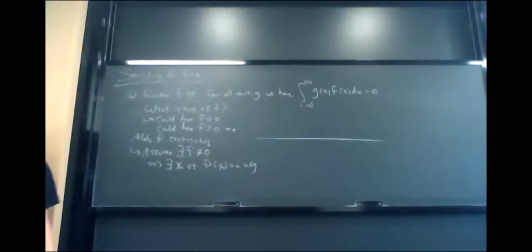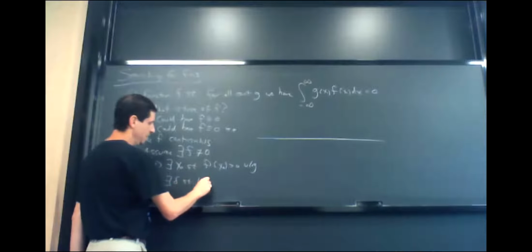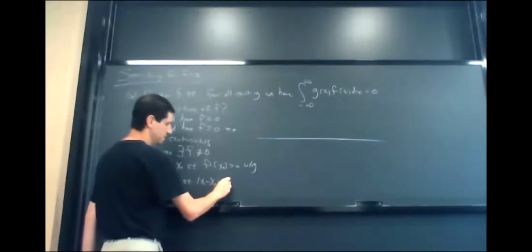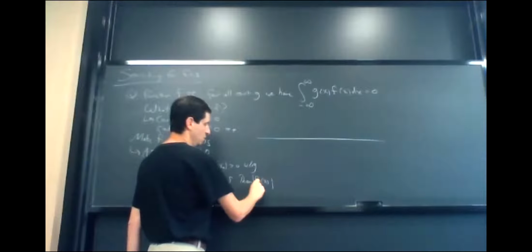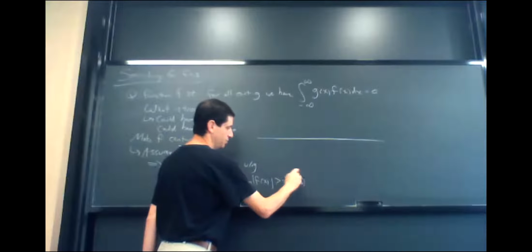Just multiply by -1 if you need to. And so that means there exists a delta such that if the absolute value of x minus x naught is less than delta, then f of x will be greater than 1/2 f of x naught.